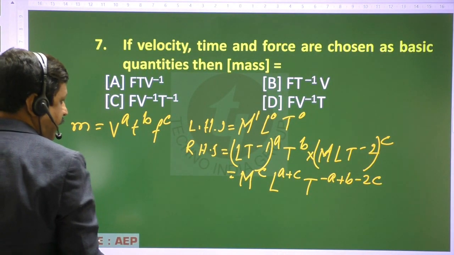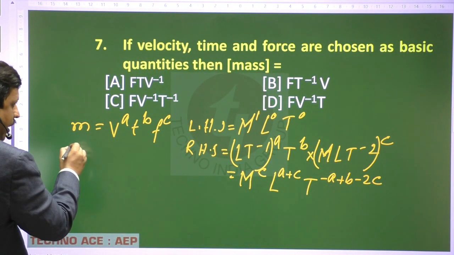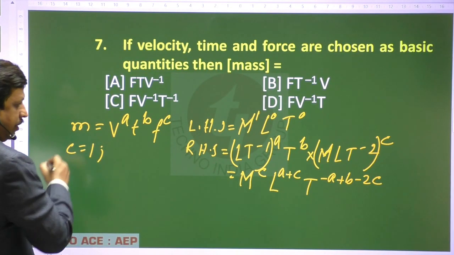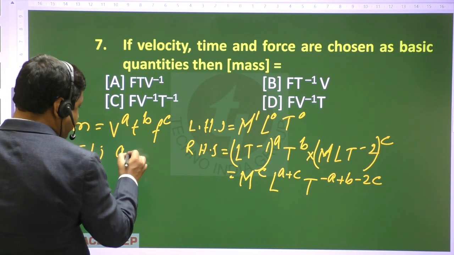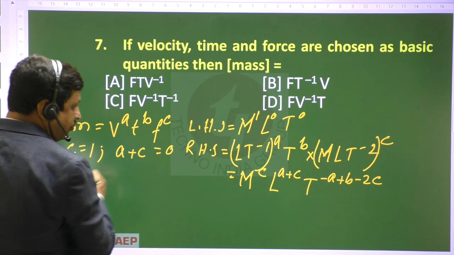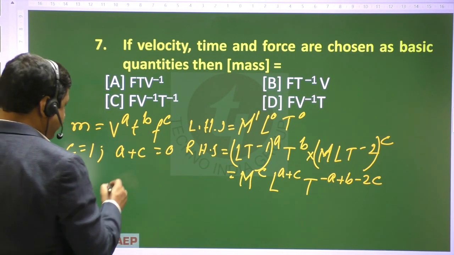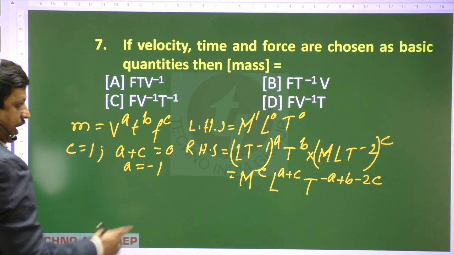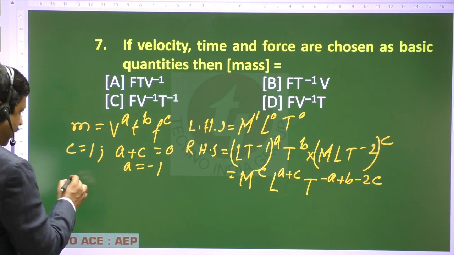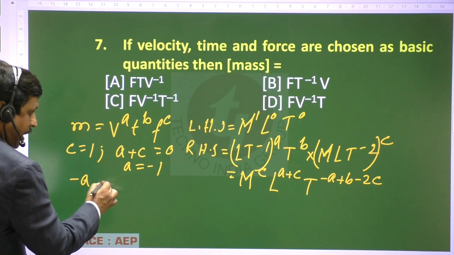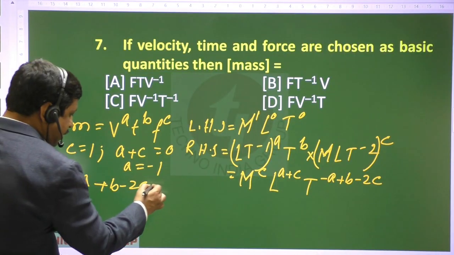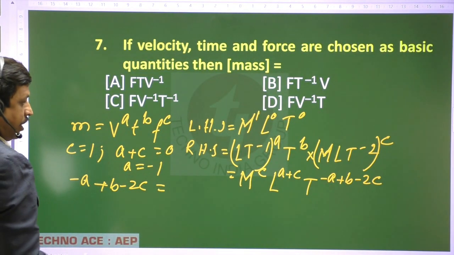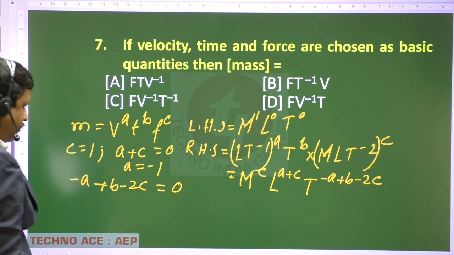If you compare these two, c equals 1, and a plus c equals 0. That means a equals minus 1. For the power of T, minus a plus b minus 2c equals 0.